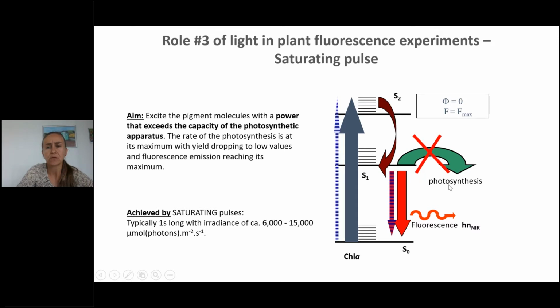So photosynthesis is 0, whereas the fluorescence level that we measure is the maximum level of fluorescence. The irradiance of the saturating pulse ranges from, I would say, 2,000 to 15,000 micromole. In the imaging systems, it's usually at least 6,000 micromole per square meter per second.